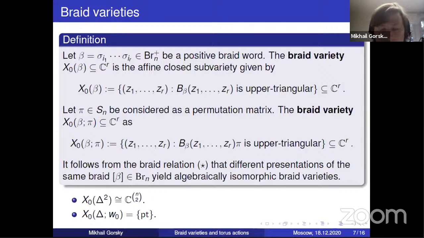This is the number of these braid matrices that we multiply together. So this depends only on beta, and we can also consider a permutation matrix together with this, and then the braid variety is defined by the rule that the matrix we considered above, times the permutation pi, is upper triangular.